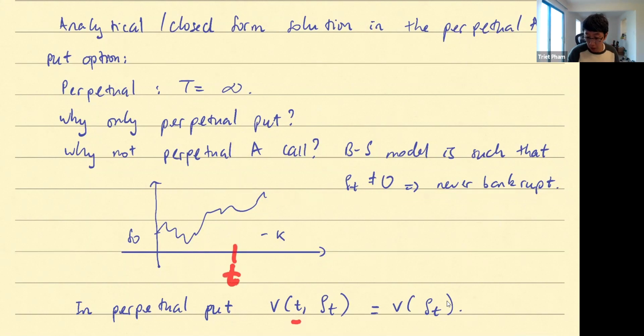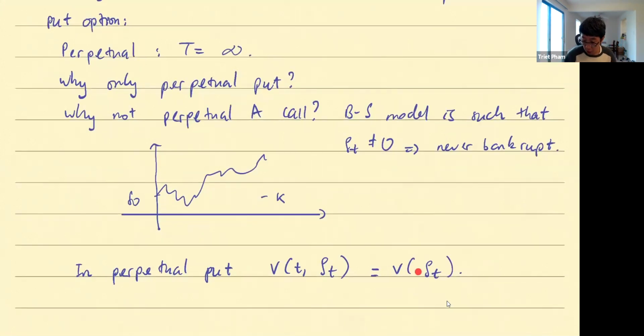There's no big T minus small t waiting for you. There's no time to expiration. Therefore, the only dependence left is on the stock. Is that okay? That simplifies the problem a lot, because then you don't have to worry about how it depends on time.